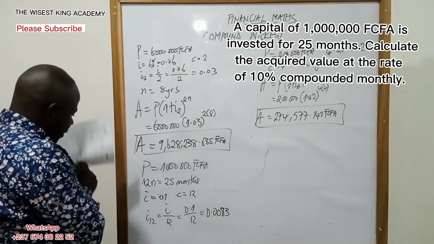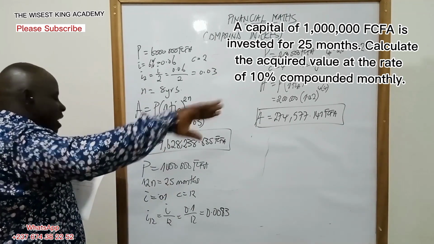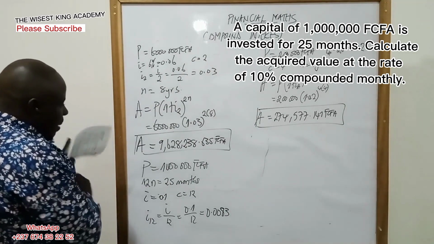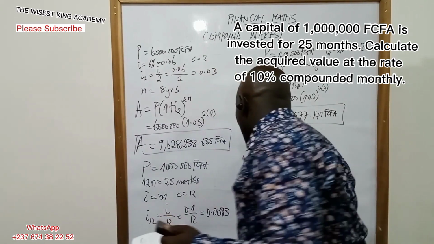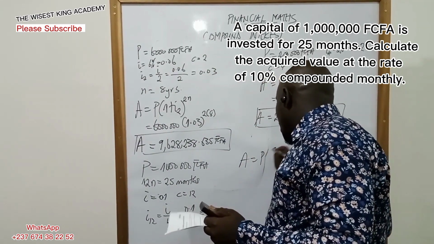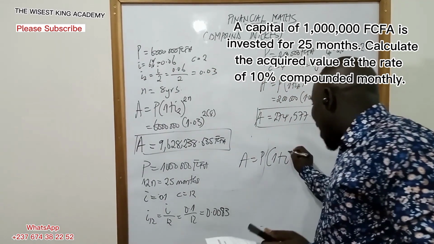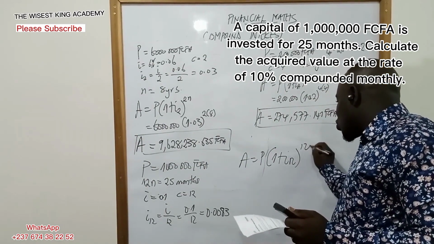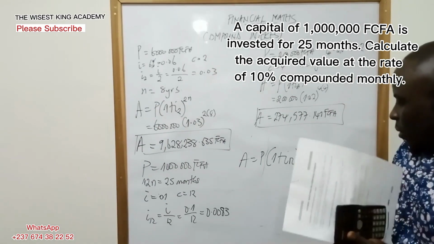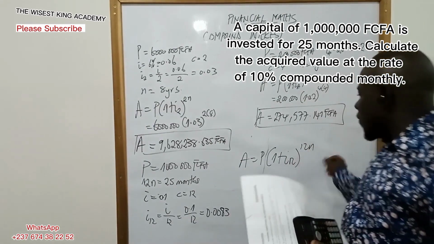I will allow it to 4 decimal places, although it's 0.00833. So it means that the acquired value A will be P into 1 plus I12 raised to the power 12N. We have I12 already, we have 12N already.